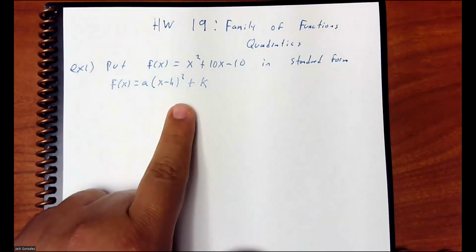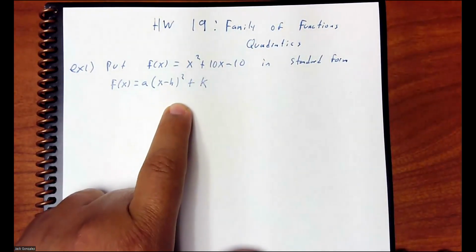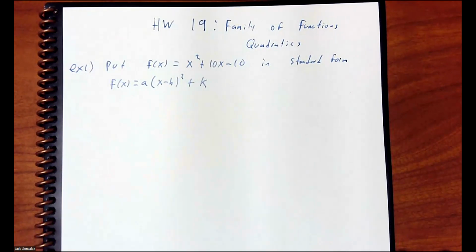This one here. Once it's in that form, you can answer all kinds of questions like what's the vertex, what's the domain and range. For any quadratic, the domain will always be all real numbers, so there's not much you have to worry about there. The range will depend if it's opening up or down and where the maximum or minimum is.